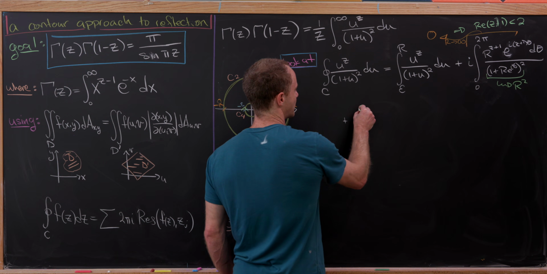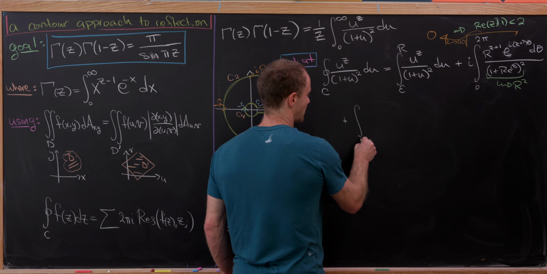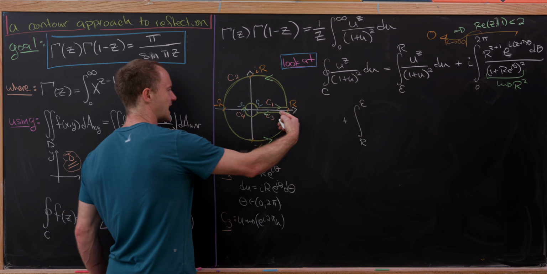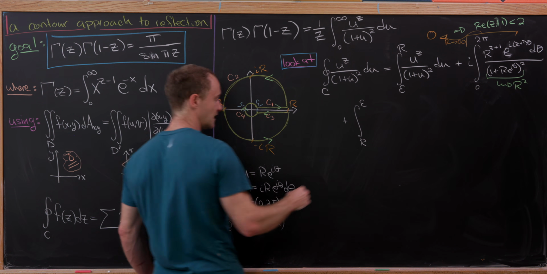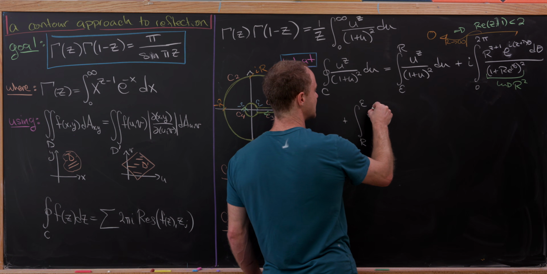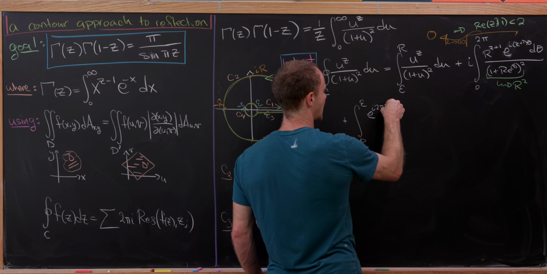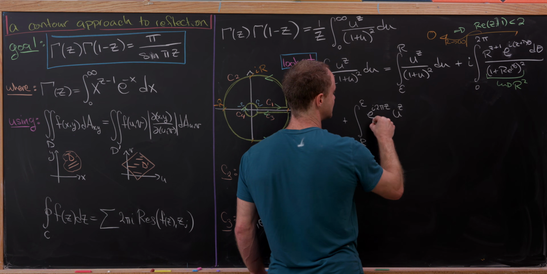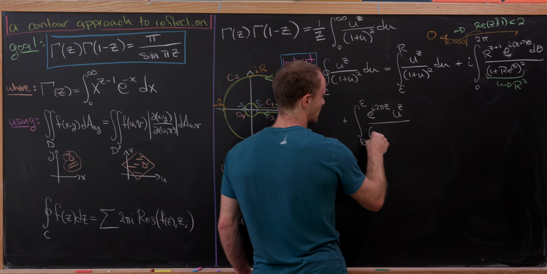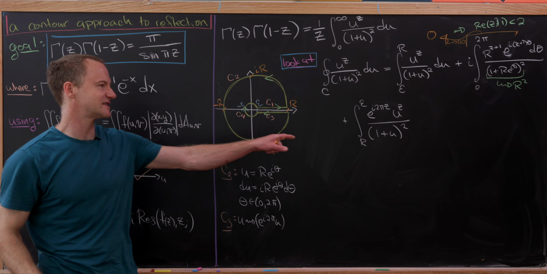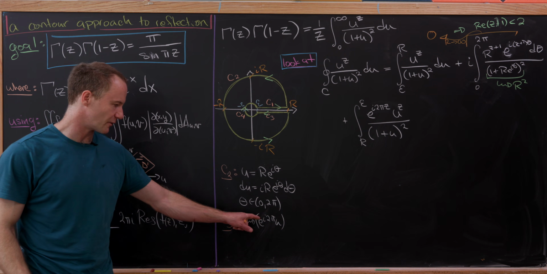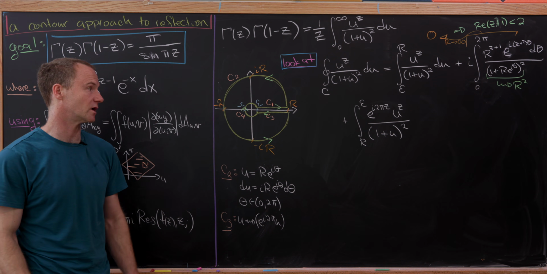Here we'll have plus the integral from R to epsilon, just based on the fact that we've got this orientation. And then we've got e to the i 2 pi times z times u to the z over 1 plus u quantity squared. That's because u to the first power has this e to the i 2 pi, which is 1.